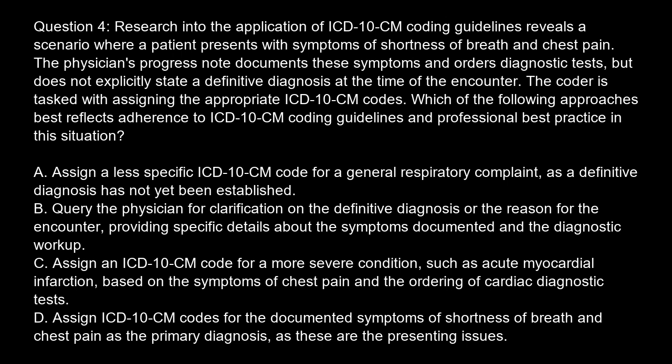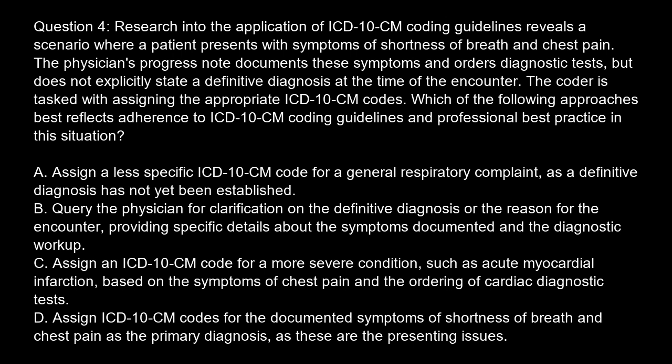Option A. Assign a less specific ICD-10-CM code for a general respiratory complaint, as a definitive diagnosis has not yet been established. Option B. Query the physician for clarification on the definitive diagnosis or the reason for the encounter, providing specific details about the symptoms documented and the diagnostic workup.